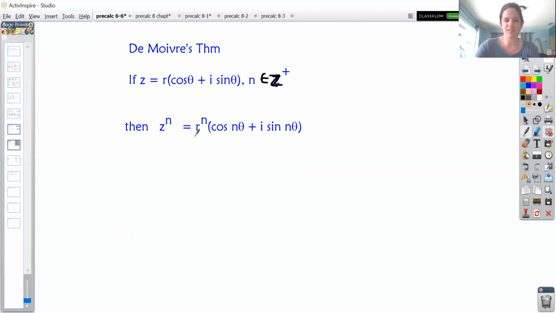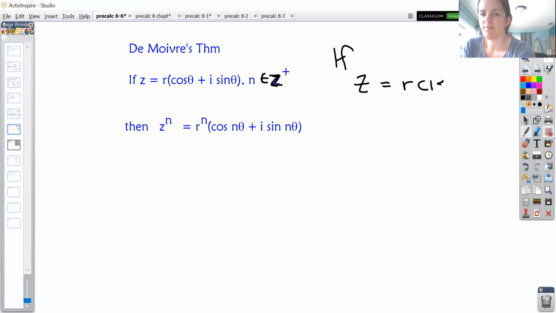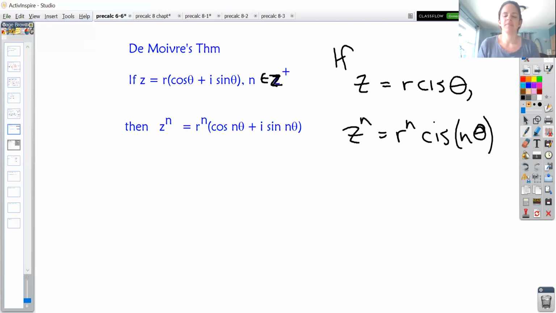So the radius gets multiplied by itself n times, and the angle gets multiplied by whatever n is. And then I'm going to write this for you in the abbreviated form over here. If z equals r cis theta, then z to the nth power equals r to the nth power times cis n theta. It's just easier to write that way.